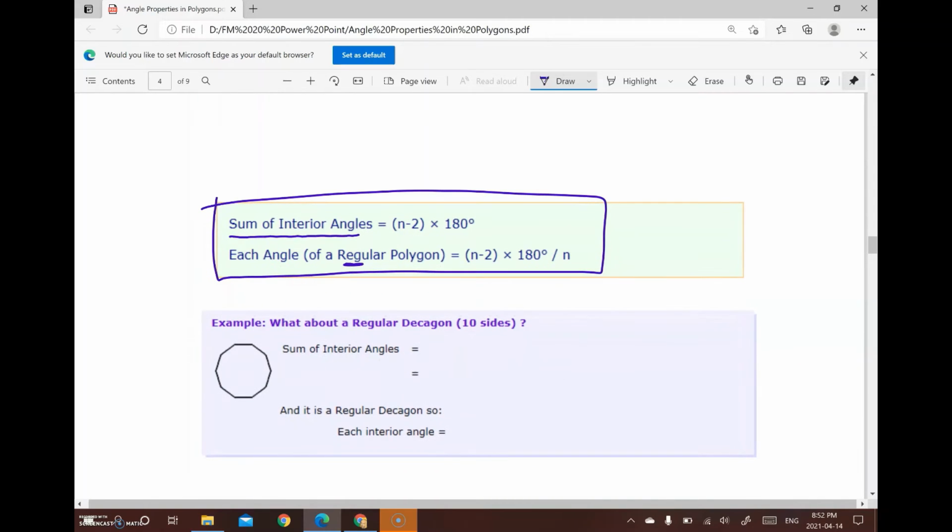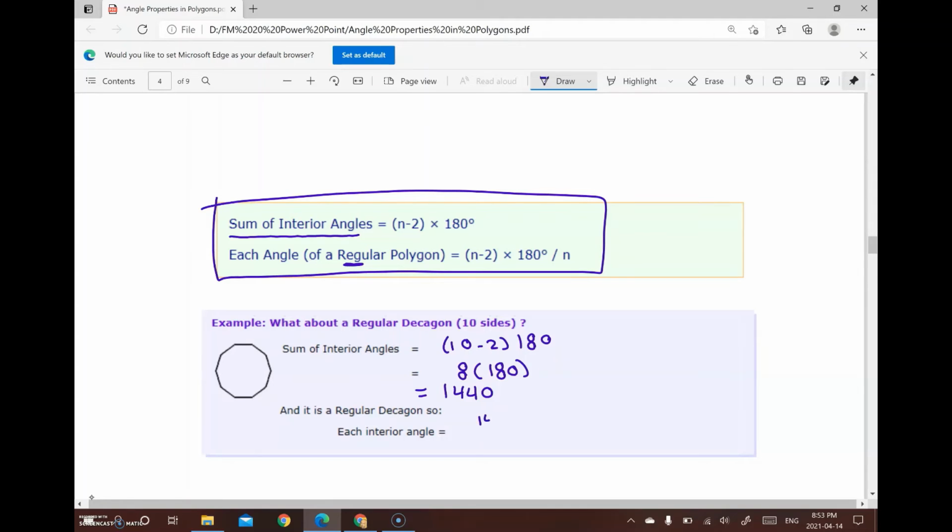So here is an example. We have a regular decagon, which is a 10-sided polygon. The sum of interior angles, we're going to write that formula there. So 10 subtract 2 times by 180. So that's 8 times 180, which is 1,440. Because this is a regular decagon, each angle is equal to each other.